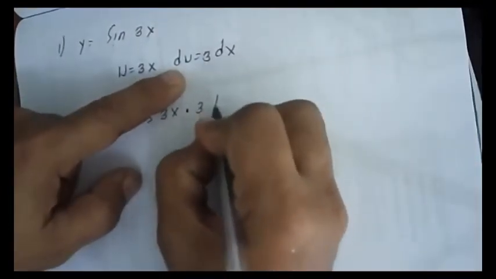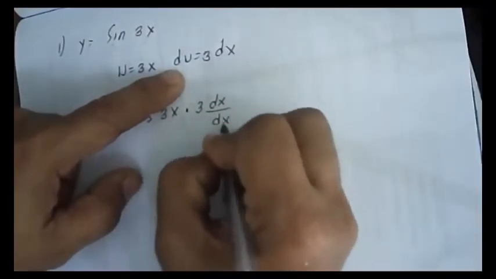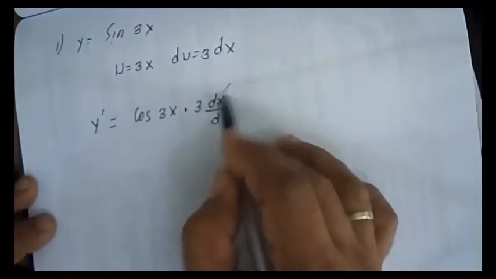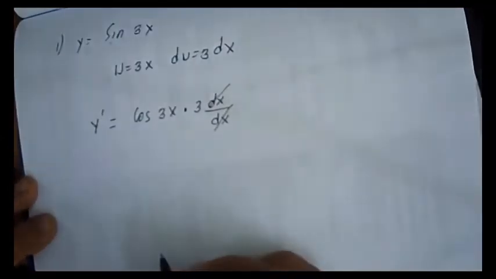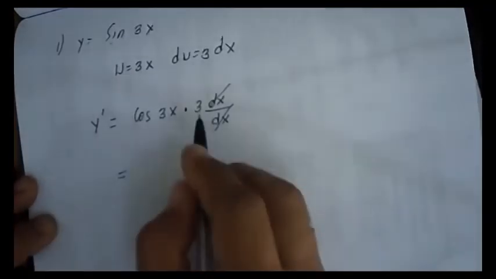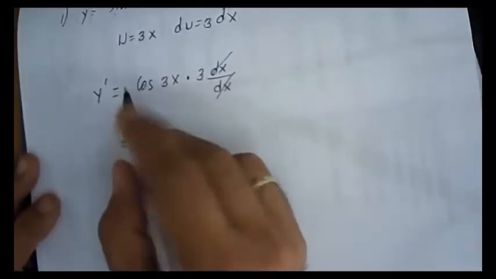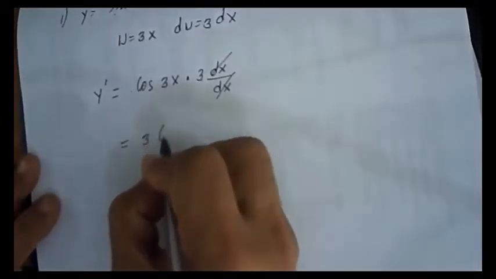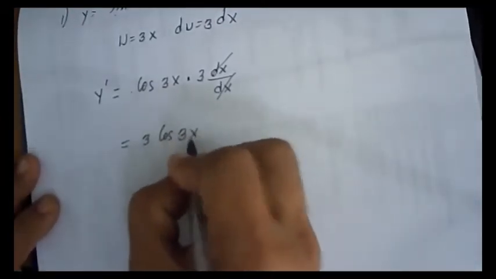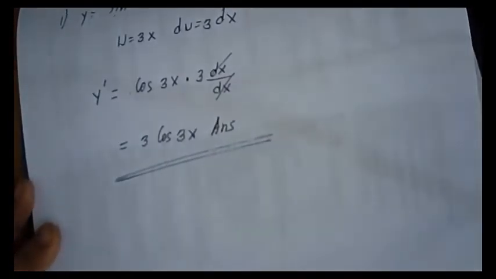So, ano yung du natin? 3 dx all over dx. So, itong dalawa, mag-cancel po siya. So, what's left? Yung 3, hindi natin pwedeng multiply dito. So, ang gagawin natin, ilalagay natin sa taas, magiging 3 cosine 3x. So, this is our answer. Madali lang, no?